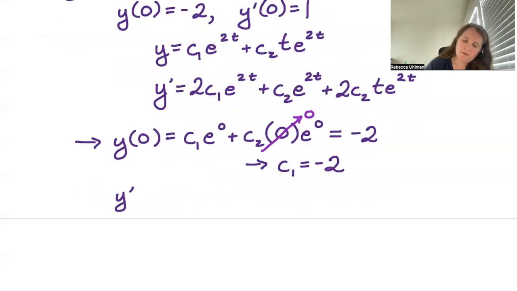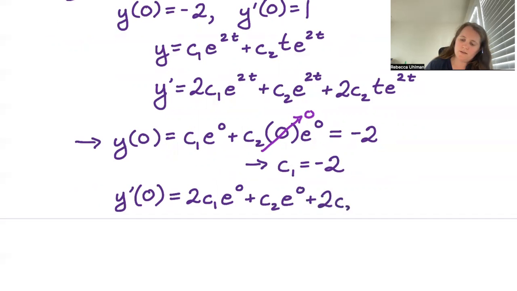For y prime of 0, we are looking at 2 times c1 times e to the 0th plus c2 times e to the 0th plus 2 times c2 times 0 times e to the 0th, and this is all equal to 1. That last term, once again, just goes to 0.